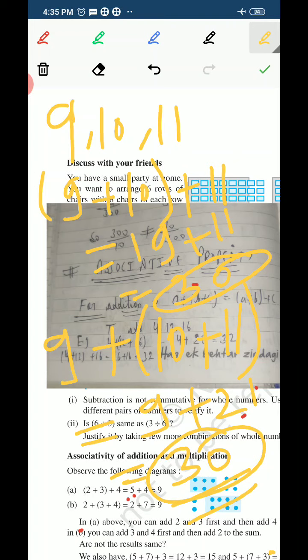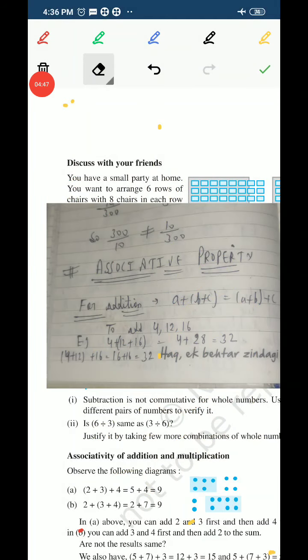So in the case of whole numbers, whatever numbers you take, when you apply the associative property for addition, you will see that it is satisfied in both cases. So for whole numbers, the associative property will be universally satisfied for addition.